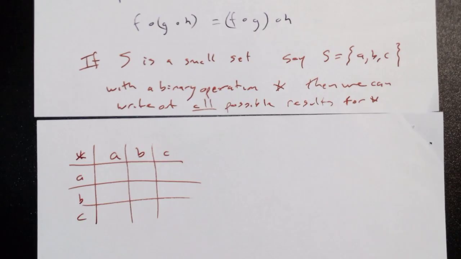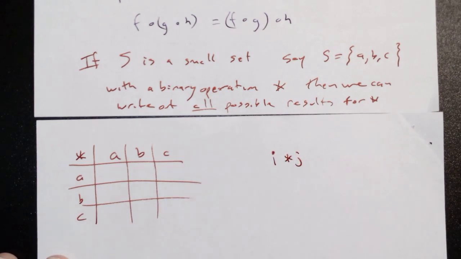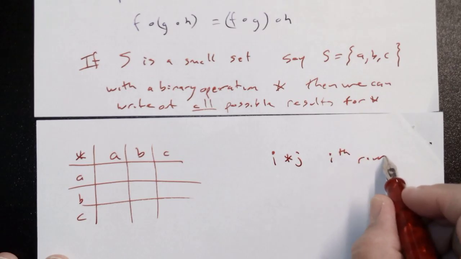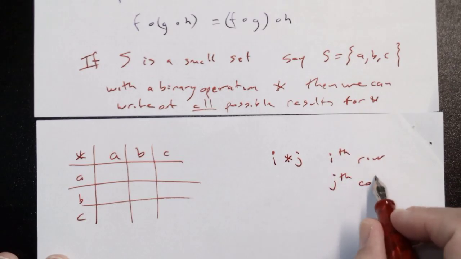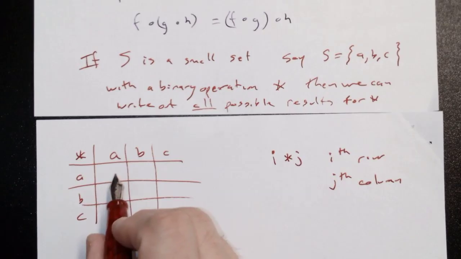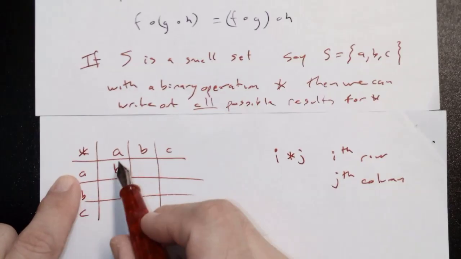I am going to make a definition that in this table, i star j uses the ith row and the jth column. So when I put an answer here, that's A star A. Row, column.